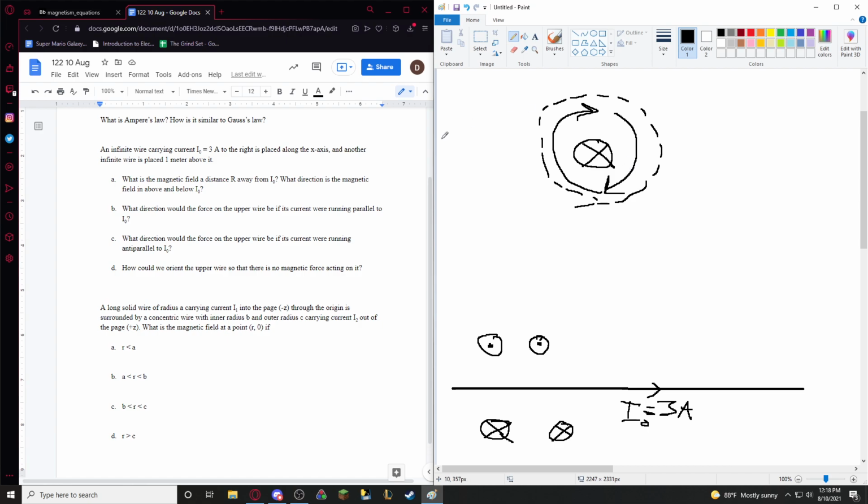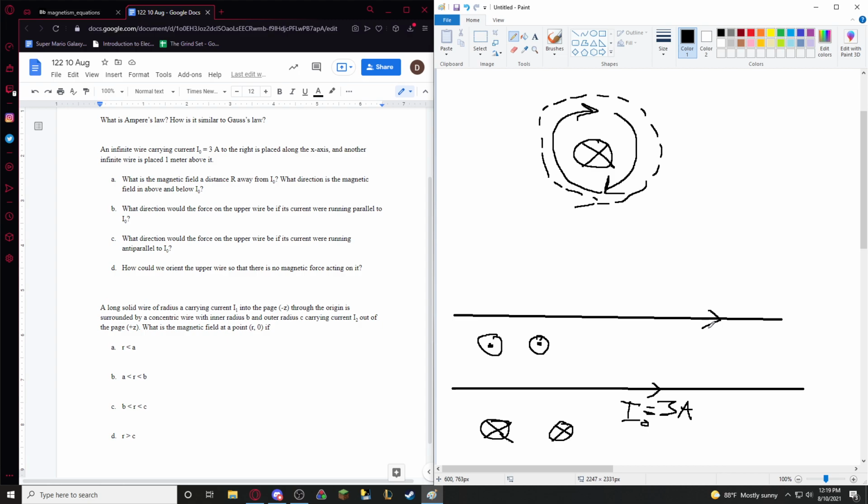So if we have our second wire up here, and the current is traveling parallel, in the same direction, what direction would the force on the upper wire be? Same direction.